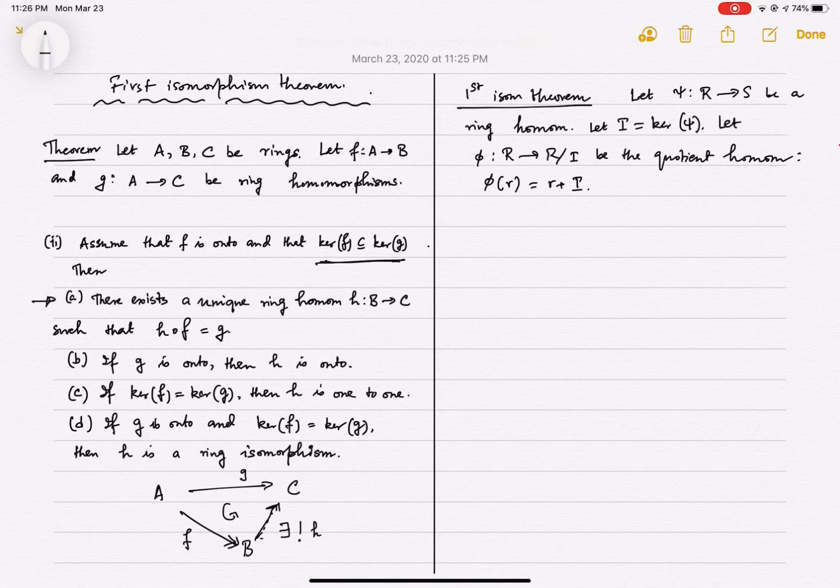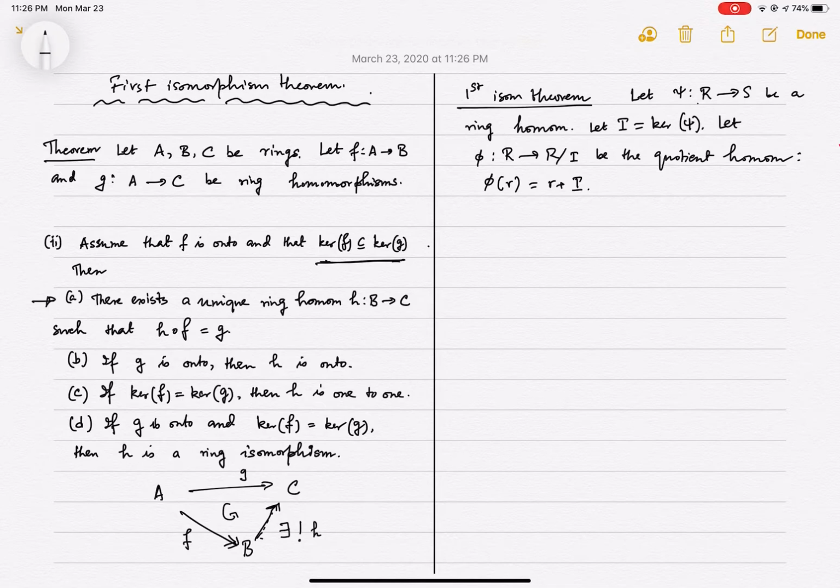We talked about this when we constructed this quotient R mod I last time as a ring. Let's read this again. So psi is a ring homomorphism from R to S whose kernel is I. Once you give me this I, which is a two-sided ideal in R, I can construct the natural quotient homomorphism phi from R to R mod I, taking an element to its coset.